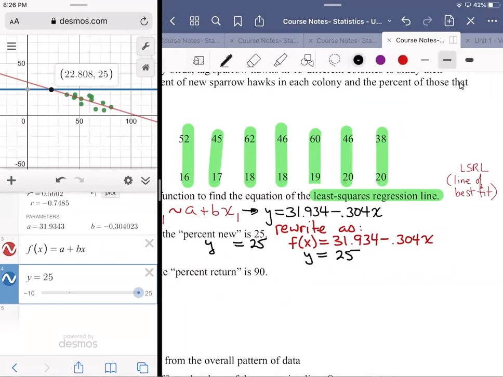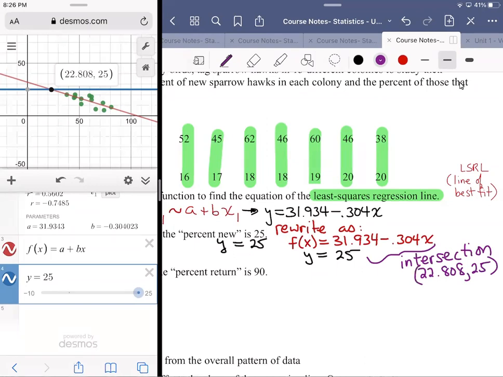So that y equals 25, that percent new equals 25. You put that in as a new graph, the intersection. Let me get a squiggly bracket here. 22.808, comma 25.